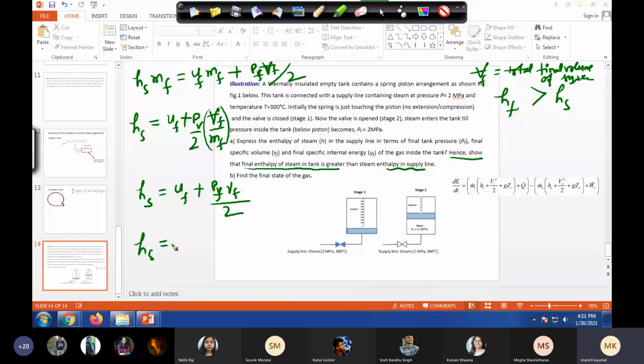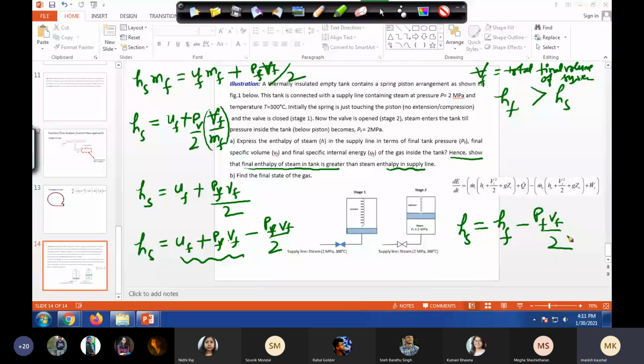HS is equal to UF plus PF VF minus PF VF by 2. And then H supply is equal to H final of the tank minus PF VF by 2. Right, Nidhi?